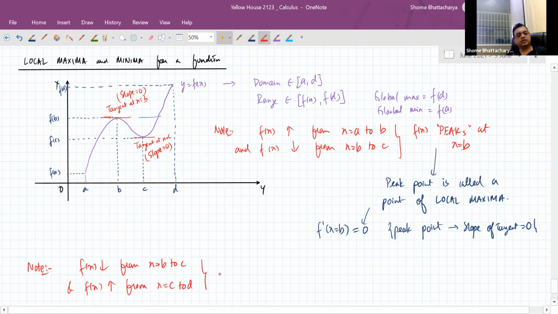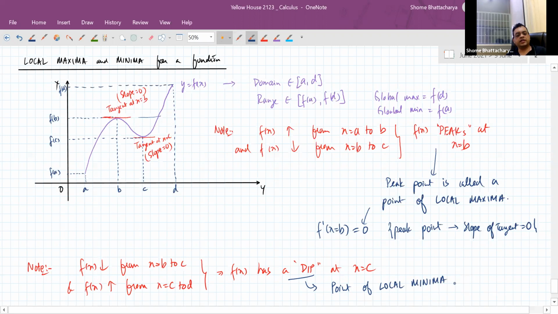So this is showing us that the function has a dip or like a valley at x equal to c. So such a dip point is called a point of local minima.